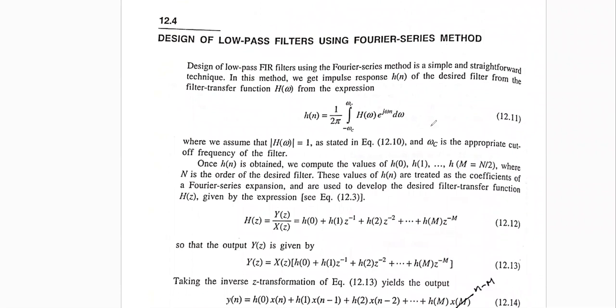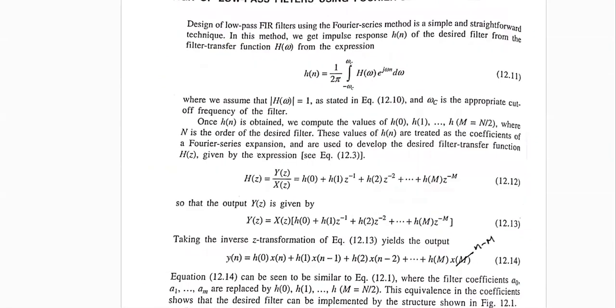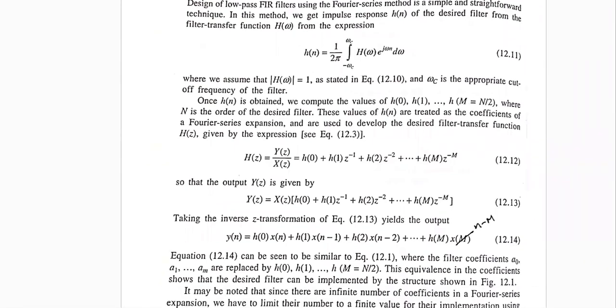So, design of low pass filter using Fourier series method. I'll talk about the steps, and you can go through the examples, and you'll find it very easy. In case of Fourier series method, we start with this equation where H omega will be given. So what is H omega? That is the transfer function we are looking for.